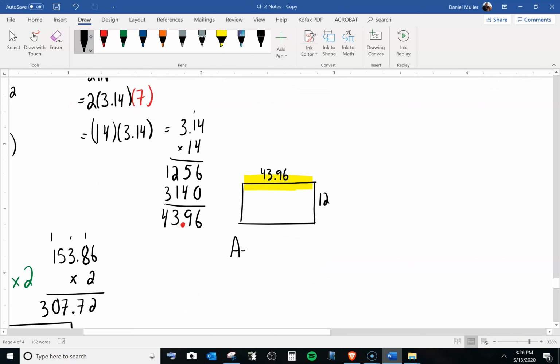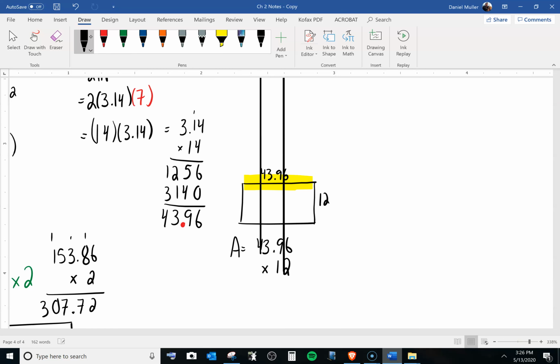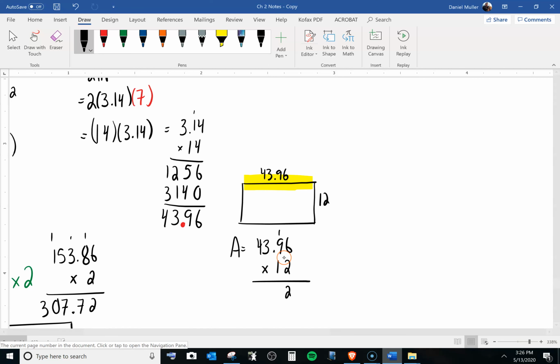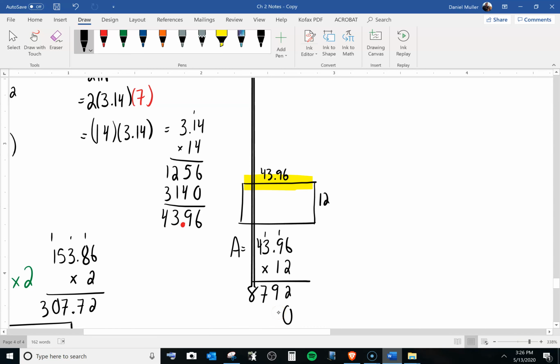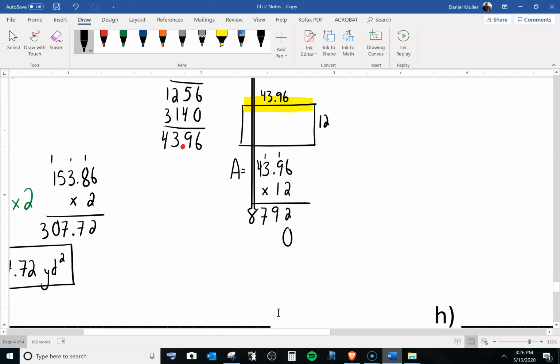So the area is 43.96 times 12. 2 times 6 is 12. 18 plus 1 is 19. 6 plus 1 is 7. And then 8. Start with a 0. And this is just a 1. Okay, so 6, 9, 3, 4, and I can add that up.